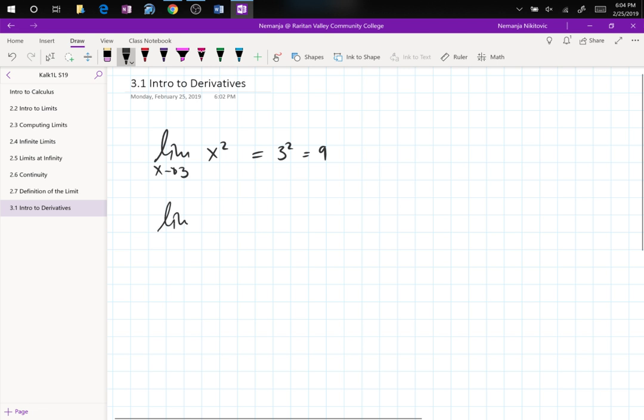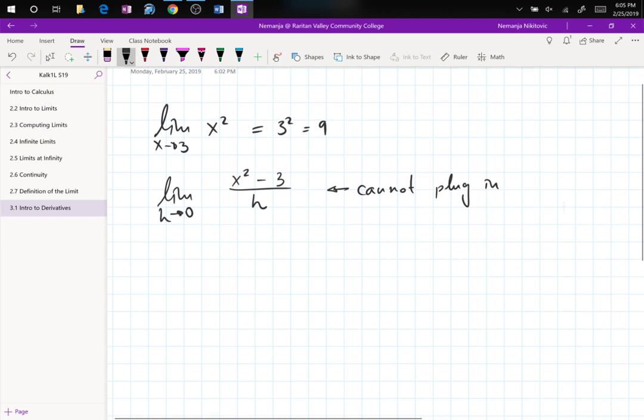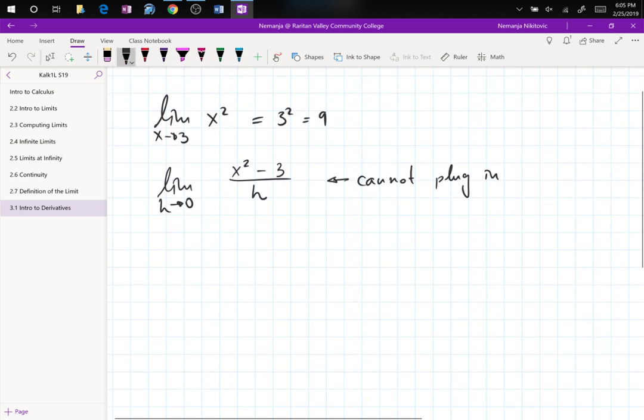But if you have the limit as h goes to 0 of, let's say, x squared minus 3 over h, whatever, you can't plug in. So we need a graph or something to figure these things out.